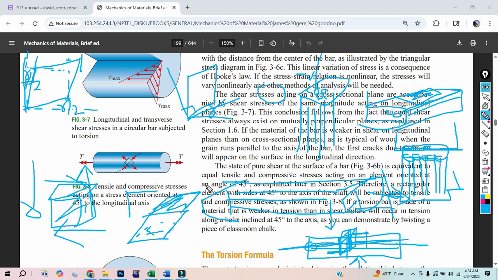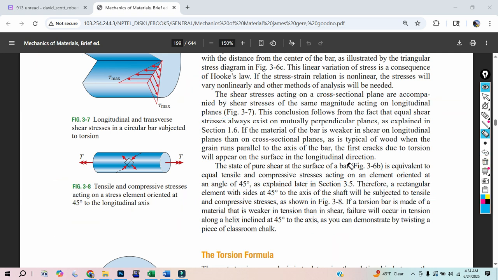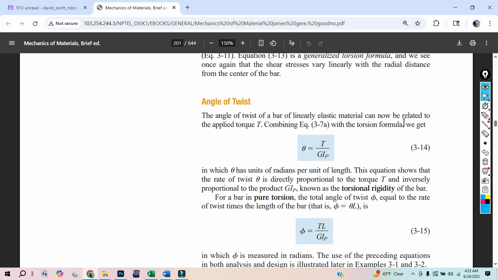So with wood, you will get splits in wood. And the Hibbler book has a good picture of that. I don't think this book has anything about that, even though they're talking about it probably right there. Yeah, they don't have a picture of wood.